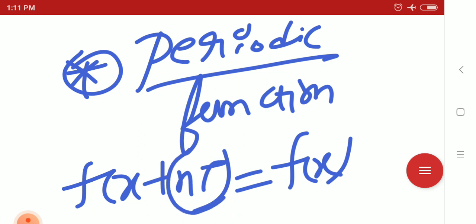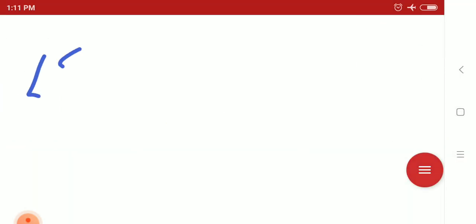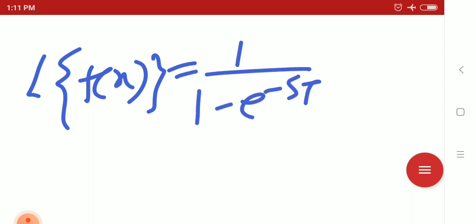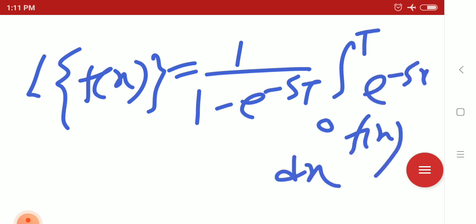That means the period is T. So the Laplace transformation of a periodic function f of x will be 1 by 1 minus e to the power minus sT, integration 0 to T, e to the power minus sx f of x dx. So this is the Laplace transformation of a periodic function.